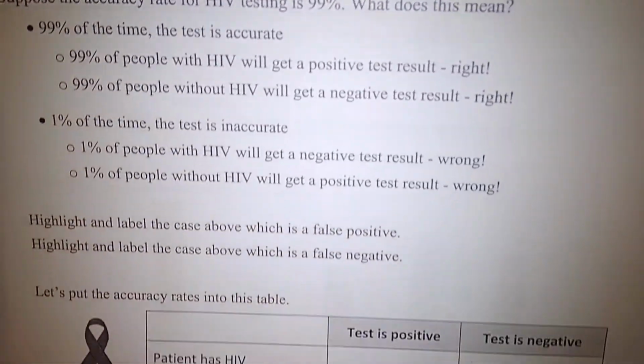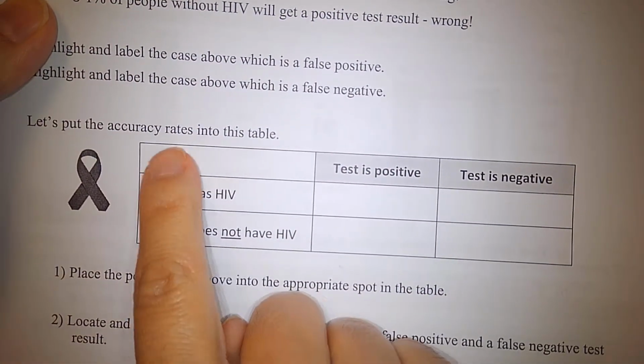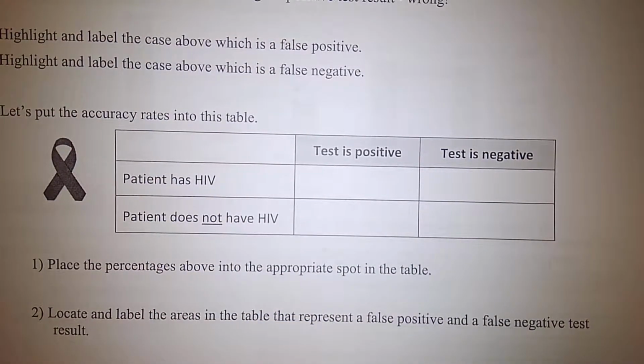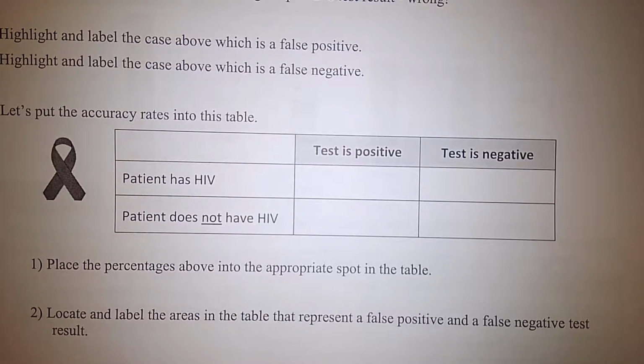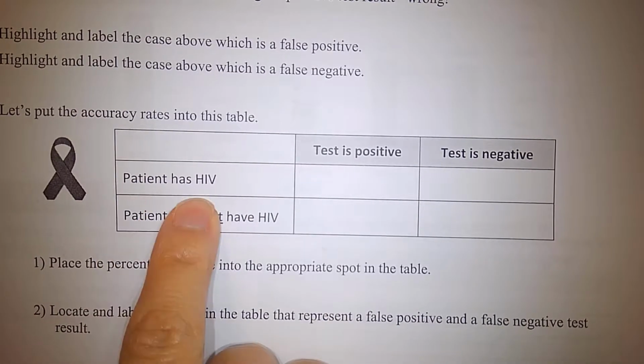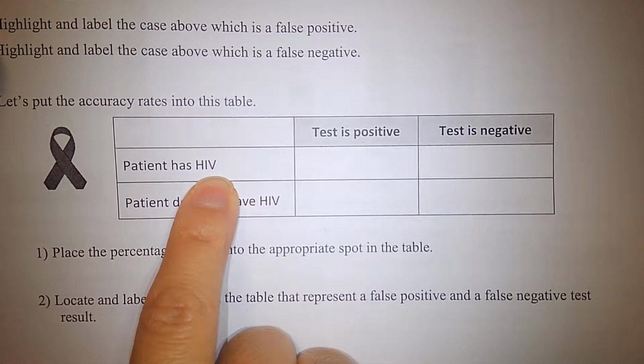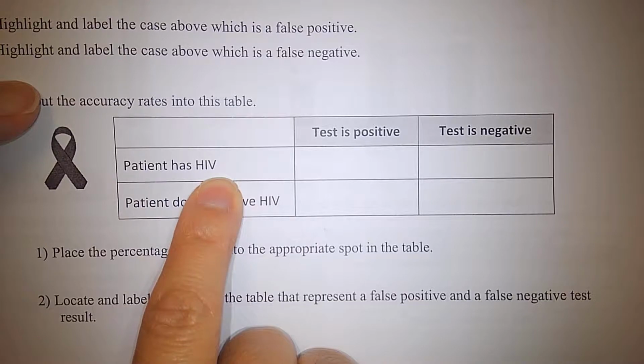Alright, let's put the accuracy rates into this table. We know this HIV test has an accuracy rate of 99%. If a patient has HIV, what percent will the test turn out positive? Accuracy is 99%, right?